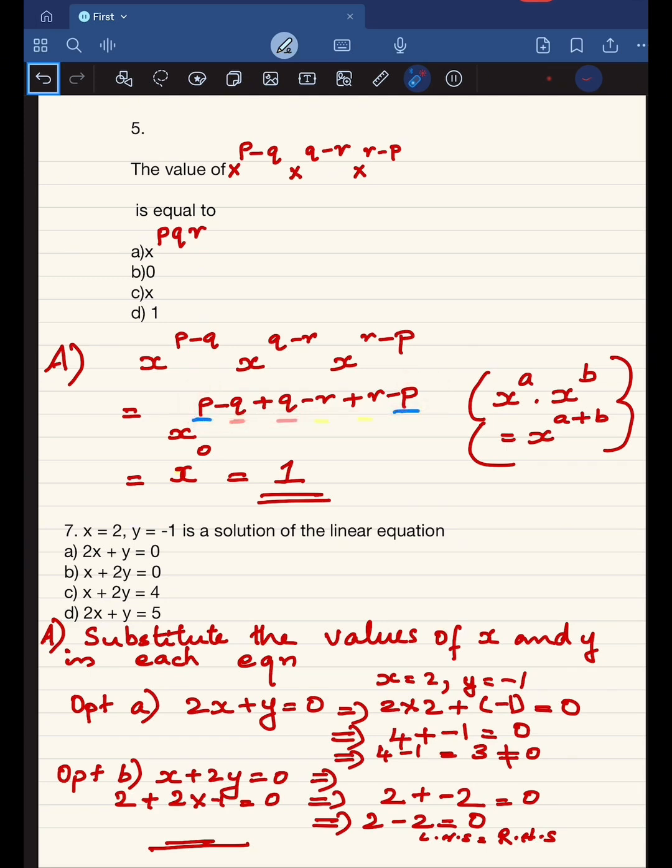Here this plus p minus p, we can cancel. Okay, we know any value with positive and negative is 0, right?